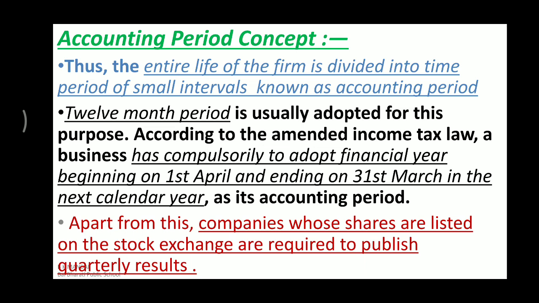Partnership firms do it only once a year, but it is compulsory for companies listed on the stock exchange to publish their report quarterly, so that shareholders and investors can have a glance at the performance of the company, and accordingly they can decide whether to retain the share of the company or to sell it in the market.